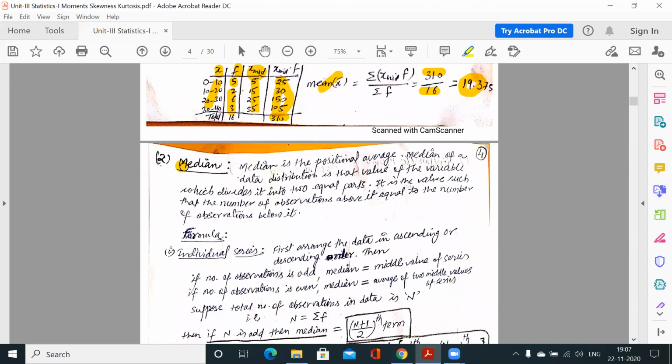Next, the median. So a median is the positional average of the data. So it represents a positional value in the data which divides the data into two equal parts. 50% of the values in the data are below this point, and 50% of the data are greater than this value.